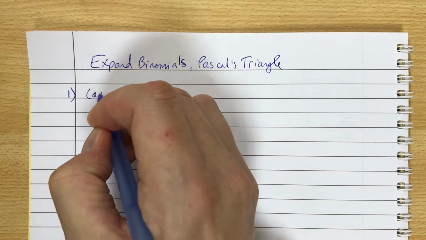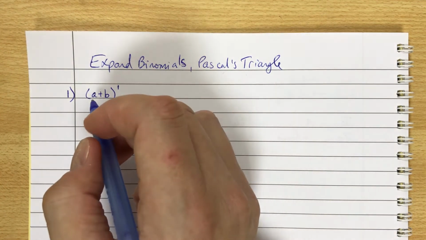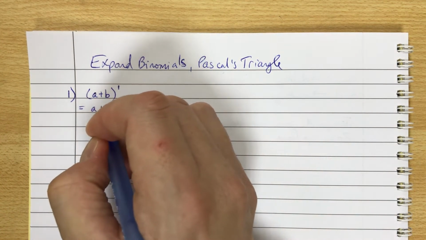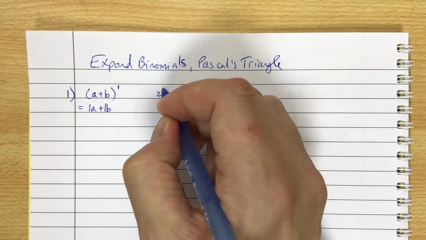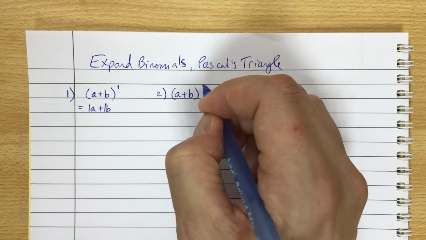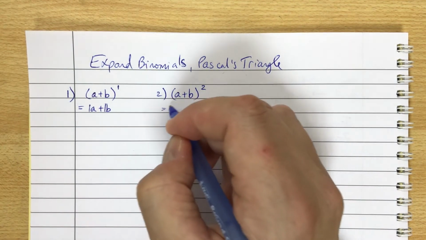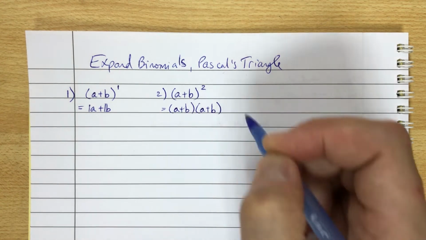Okay, so we're going to start by looking at some patterns here. If I say a plus b, and I raise that to the first power, well, that's a plus b. It's 1a plus 1b. If I take a plus b raised to the second power, that means we take a plus b and multiply it by itself.